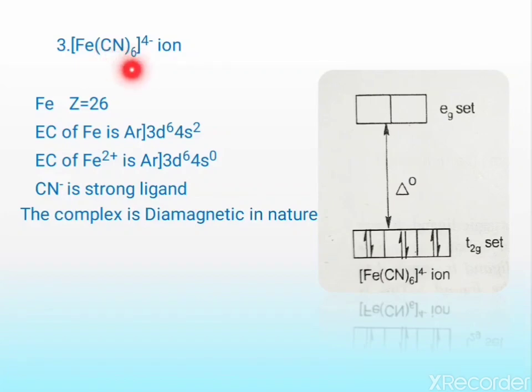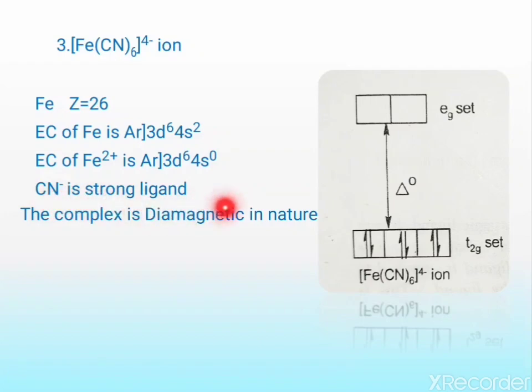CN minus, there are 6 ligands, so this is 6 minus, and the complex charge is 4 minus, hence the oxidation state of iron is 2 plus. Here the atomic number of iron is 26. This is the electronic configuration of iron, and Fe2+ is argon 3d6 4s0.